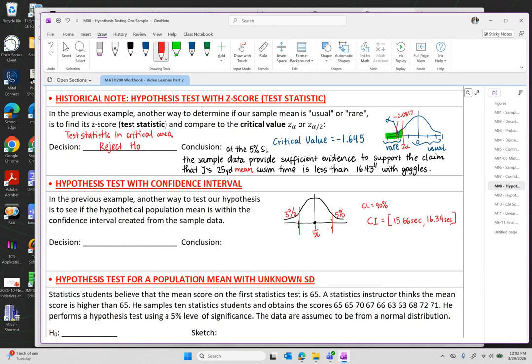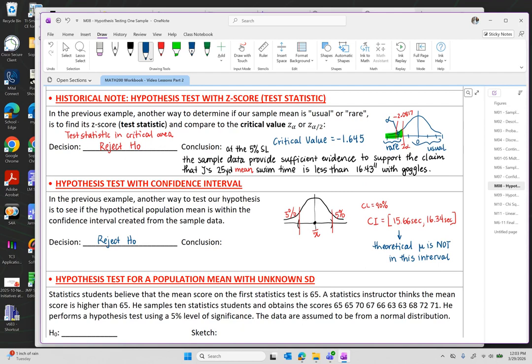And I see here that the theoretical mean is not in the interval. So the confidence interval tells me that I am 90% confident that the true population mean would be between 15.66 and 16.34, and it will not be equal to 16.43. Therefore, I have enough evidence to reject the null hypothesis.